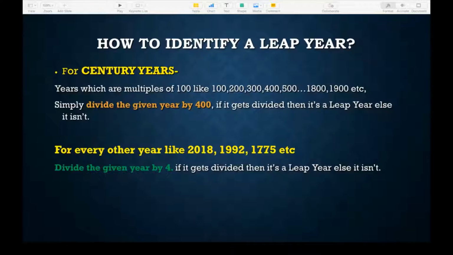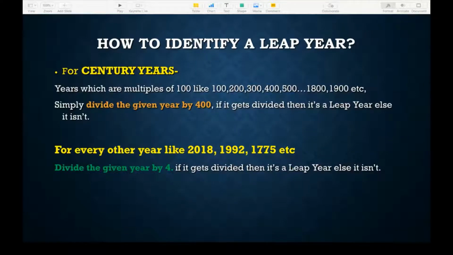The reason I have divided years into century years and non-century years is that I have observed a lot of students think that all the years which are divisible by 4 are leap years. But that is not the case. Like 100, 200 and 300, these years are non-leap years.